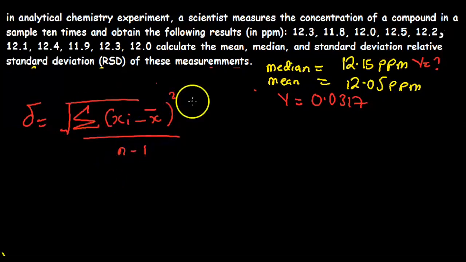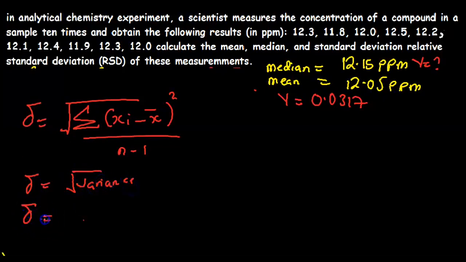Everything inside the square root is simply the variance, because we have already subtracted our mean from each measurement, and we have already divided by our total number of observations. So standard deviation is the square root of variance.